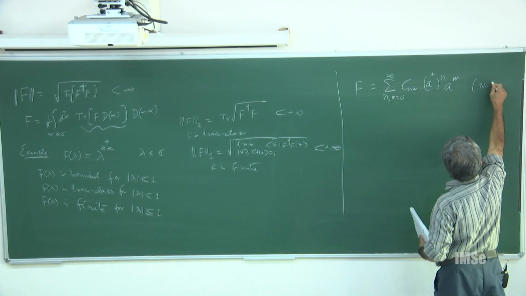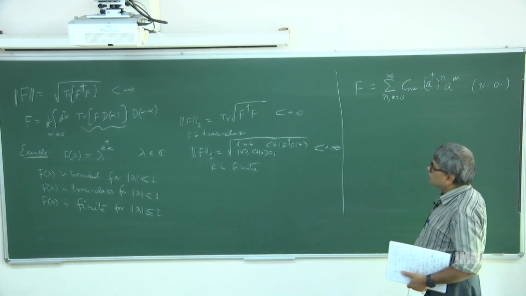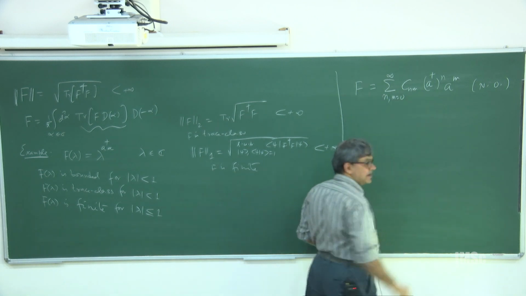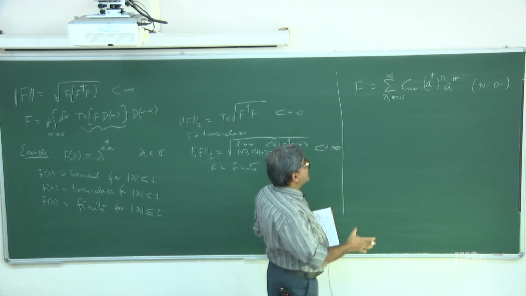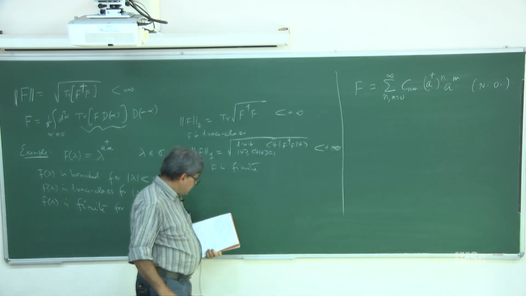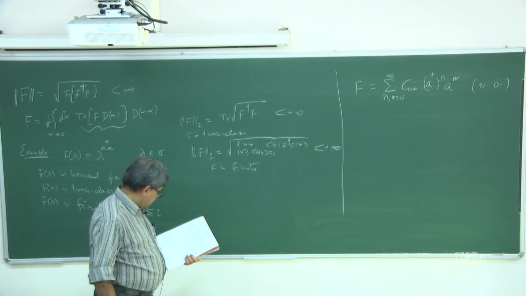So, this is normal ordering. Most of the bounded operators will have that normal ordering, in the sense that this series is convergent.